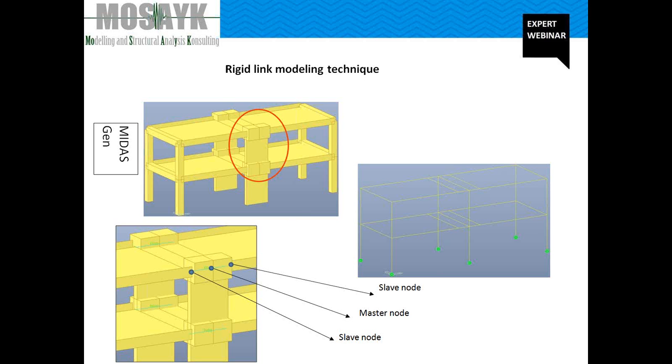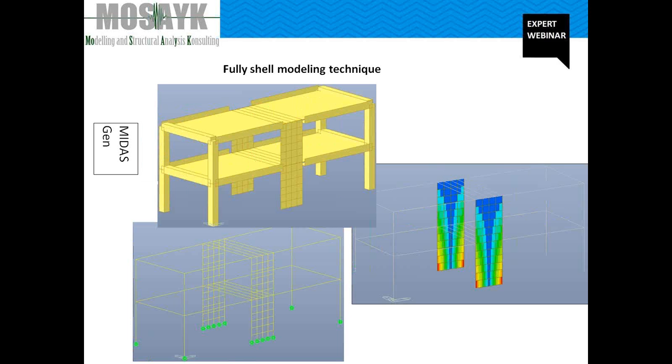The typology of modeling technique used by Midas Gen, master node and slave node, makes the stiffness matrix numerically more stable. A second approach I like, and more close to the reality, is using shell elements.